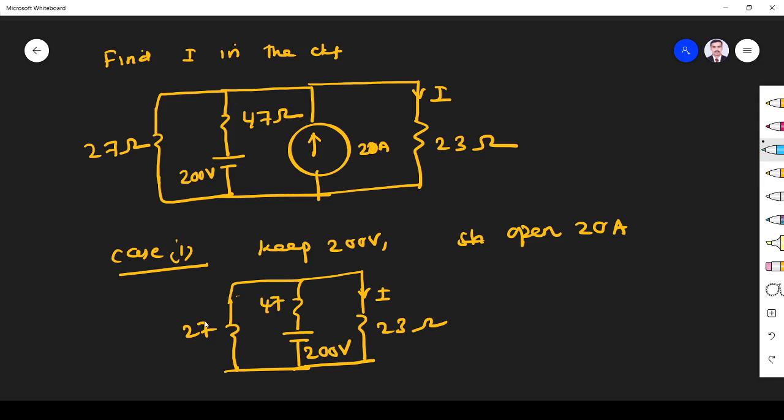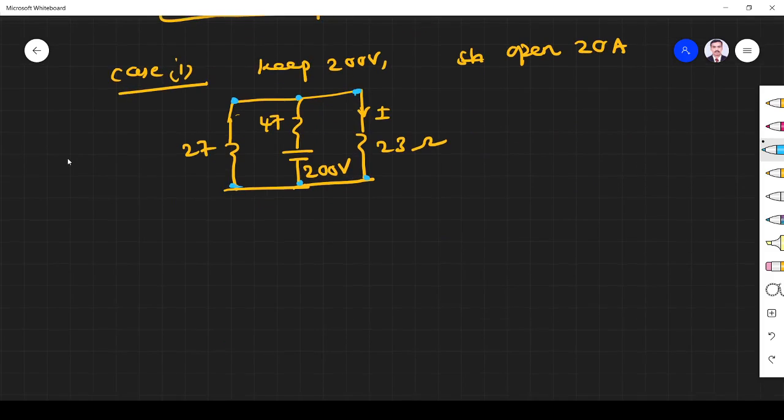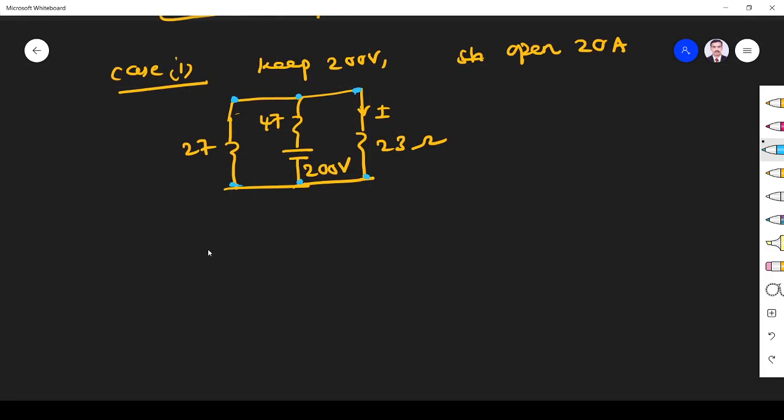Here you see this 27 and this 23 are parallel. So I can read the circuit like this: 47, this one, 27 and 23.